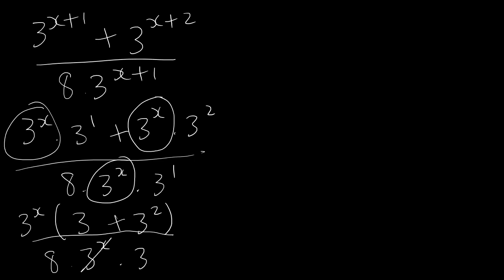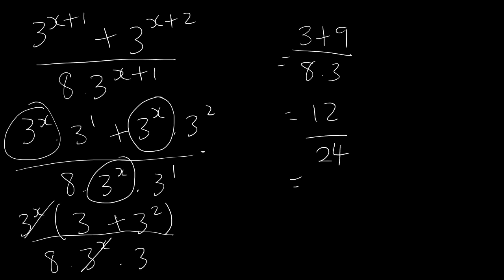So that 3^x cancels off, so I'm left with 3 plus 9 over 8 times 3, and 3 plus 9 is 12, right? And 8 times 3 is 24. So we know that the final answer will be half.